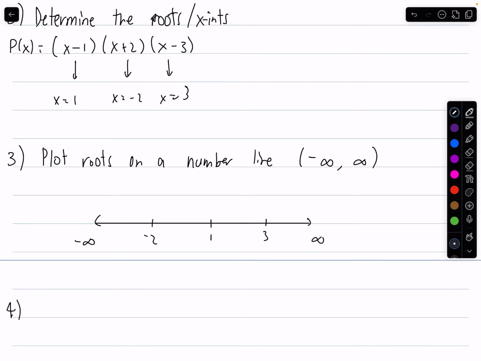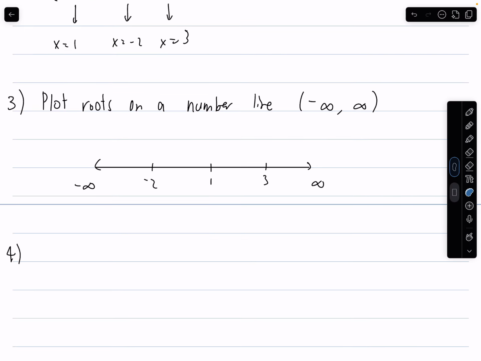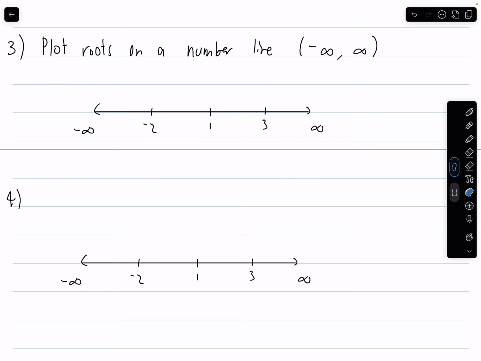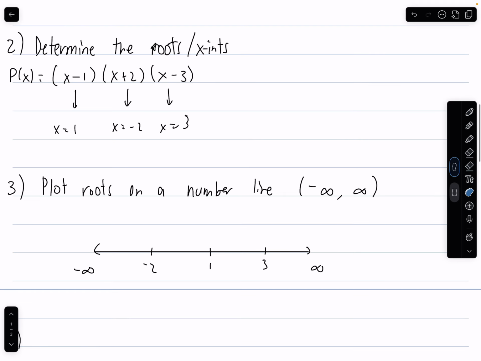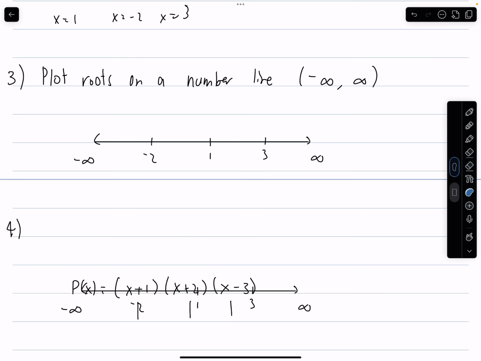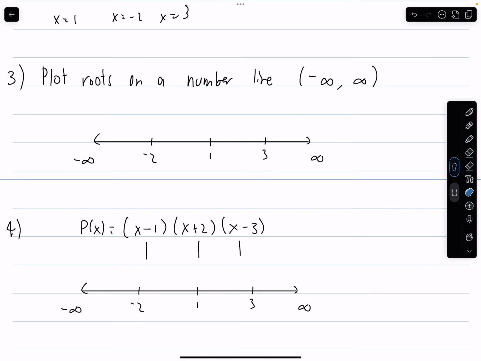Step 4, what we're going to do is we're going to take this number line, and we're also going to look at the equation we have. Mind you guys, I'm going to go through this in real depth, but I'm just trying to give you an outline of how to solve these questions so it makes sense with the process, and then we'll get straight into a question. So remember, this is greater than or equal to 0.